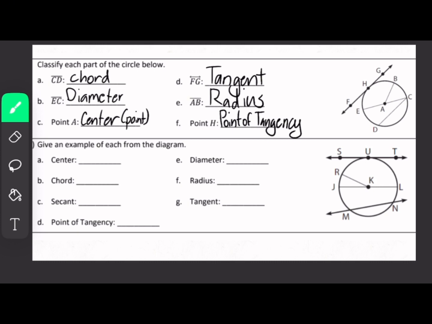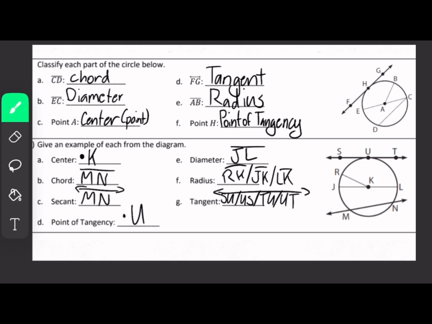I can't remember if I put the multiple answers you could get here. I think I did. Alright, 5, 4, 3, 2, and 1. Alright, the center is point K. Segment MN is the chord.